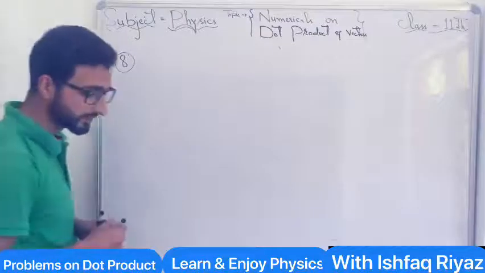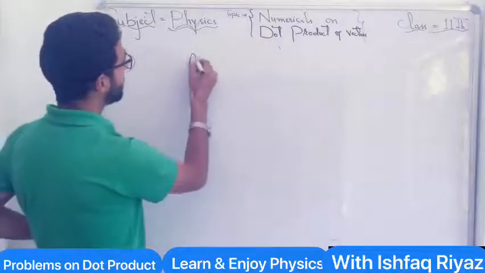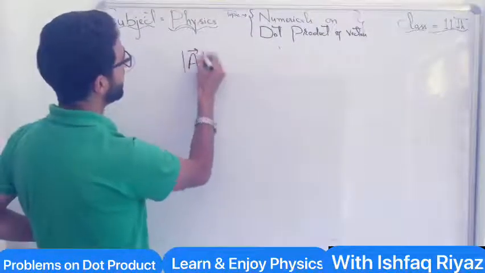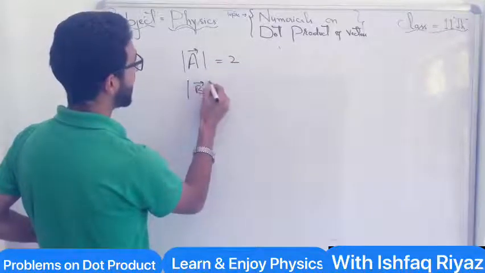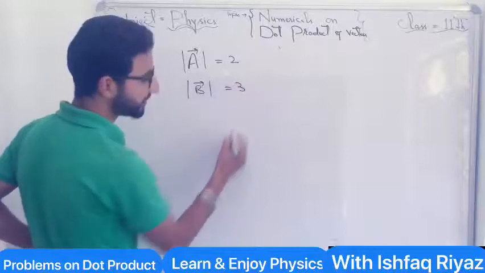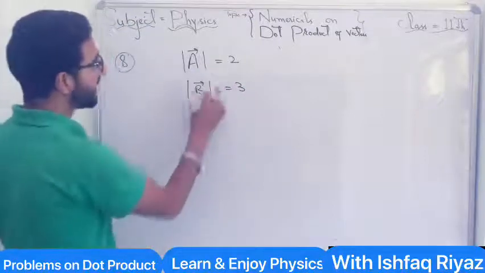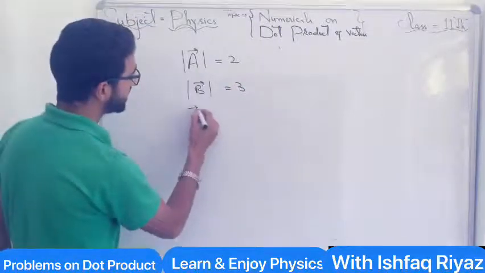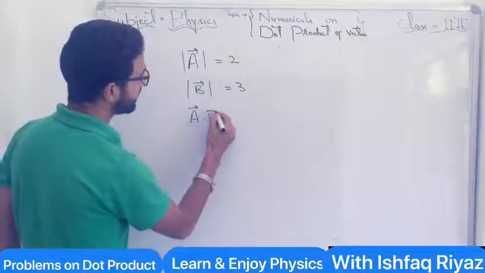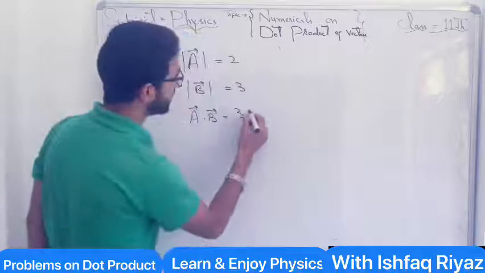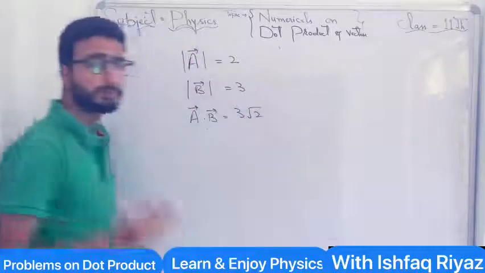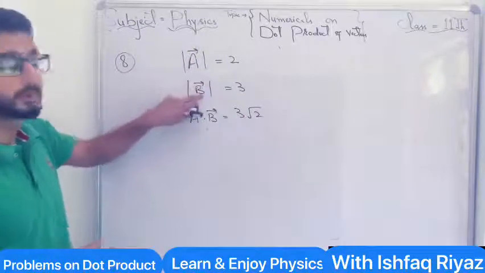Here the magnitude of A is equal to 2, the magnitude of B is equal to 3, and the magnitude of their scalar product, that is A dot B, is also given, it is equal to 3 root 2.